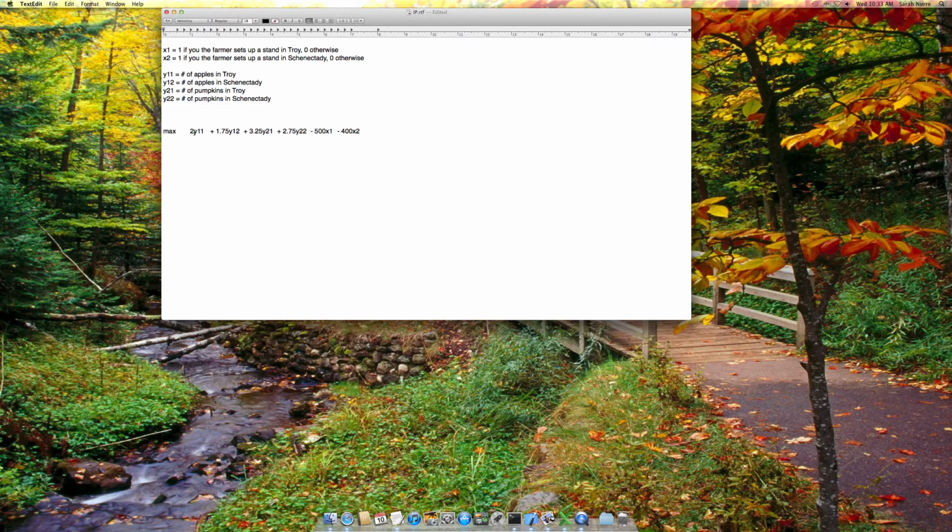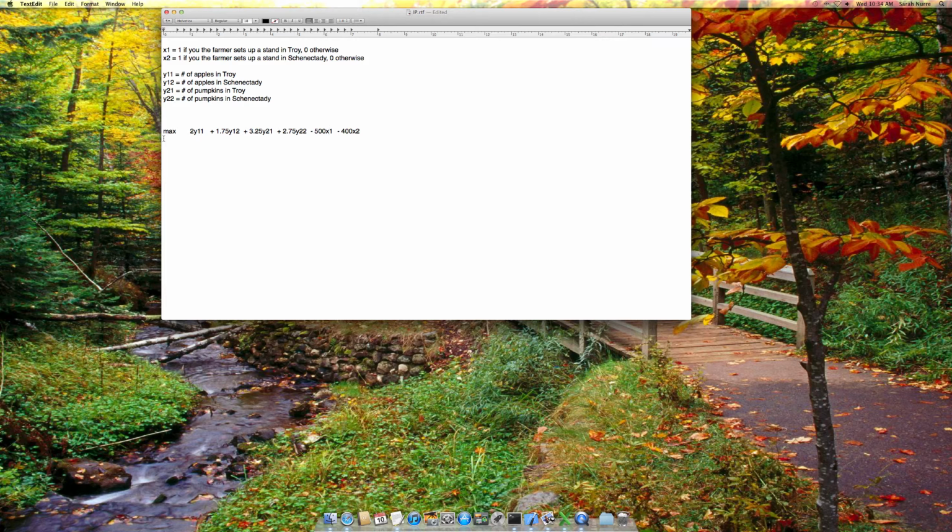Instead, we're going to constrain these Y11 and the rest of my Y variables so that they equal 0 if I don't set up the stand in that location. So here we're just incorporating the profits. Also, we need to subtract off the amount I pay based on location. So I pay $500 in Troy or $400 in Schenectady. So there's our objective function.